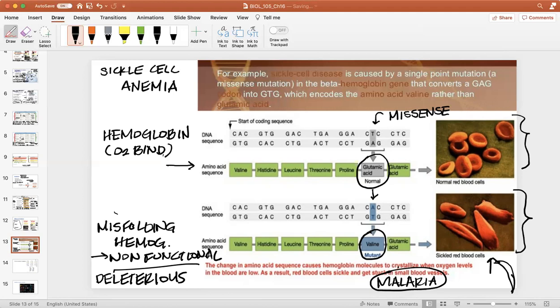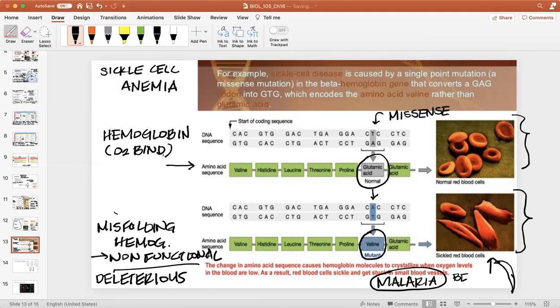But malaria can't really infect sickle blood cells the way it can normal blood cells. So individuals that have sickle cell anemia actually tend to survive malaria. They don't contract it the way other people do. So depending on where you're living, sickle cell may actually be a little bit beneficial.